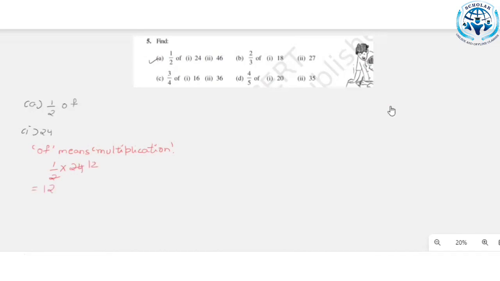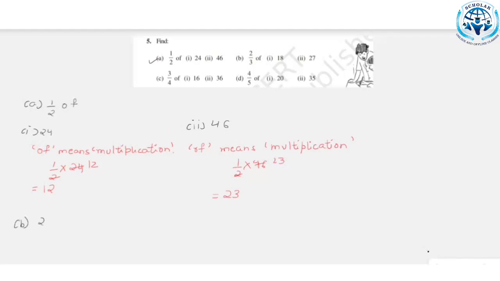That means half of 24 is 12. Now half of 46. 1 by 2 into 46. 2 2s are 4, 2 3s are 6. That means 23.